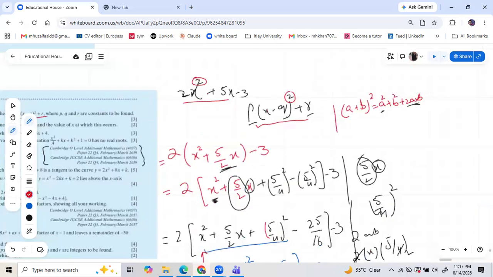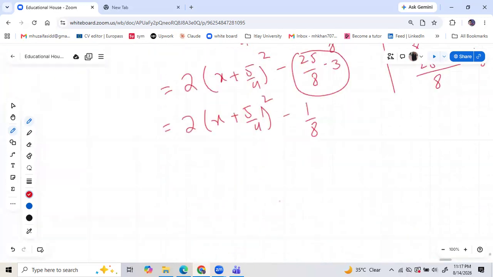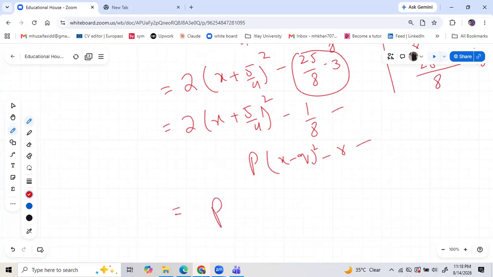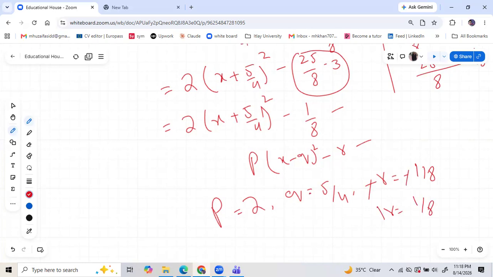Basically, if I'm going to check back here, we want to find the values of P, Q, and R. So our expression is P into X minus Q of square minus of R. If we are comparing this equation with this one, P is equal to 2 and Q is equal to what? 5 over 4, and our R is equal to minus 1 over 8, and on behalf of this one, minus is cancelled, so this is 1 over 8.